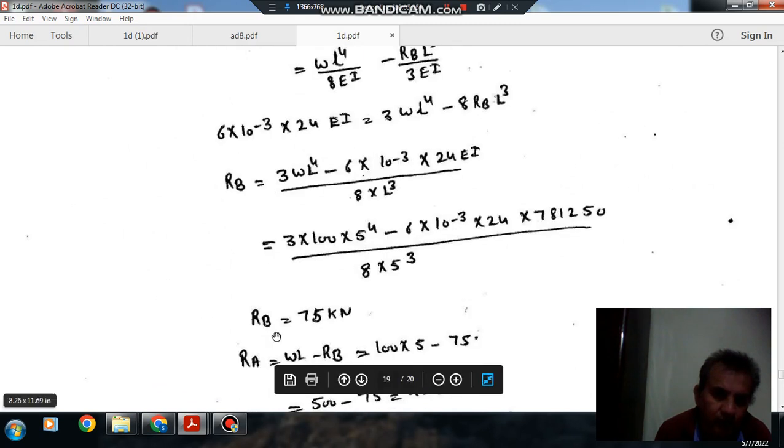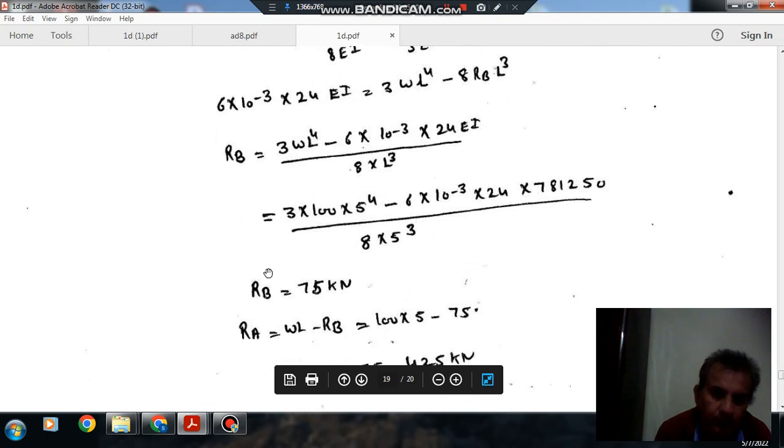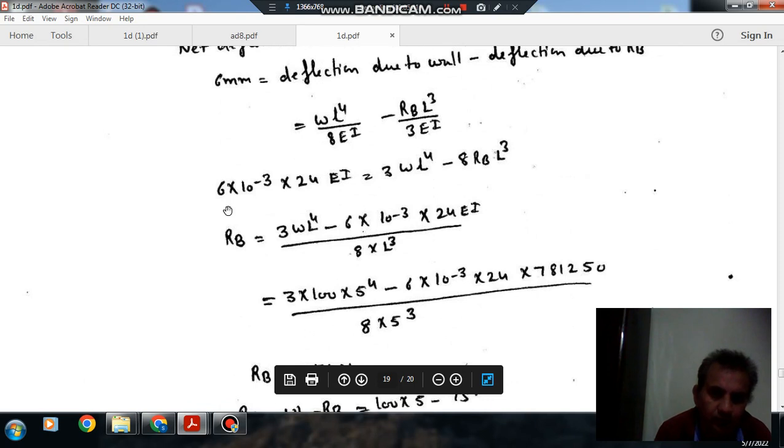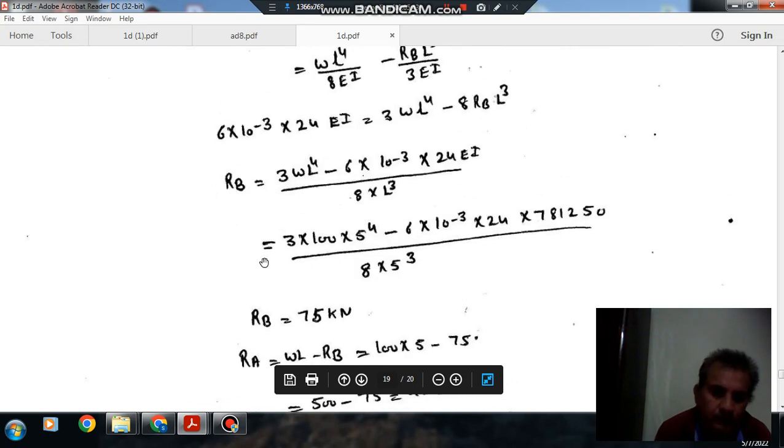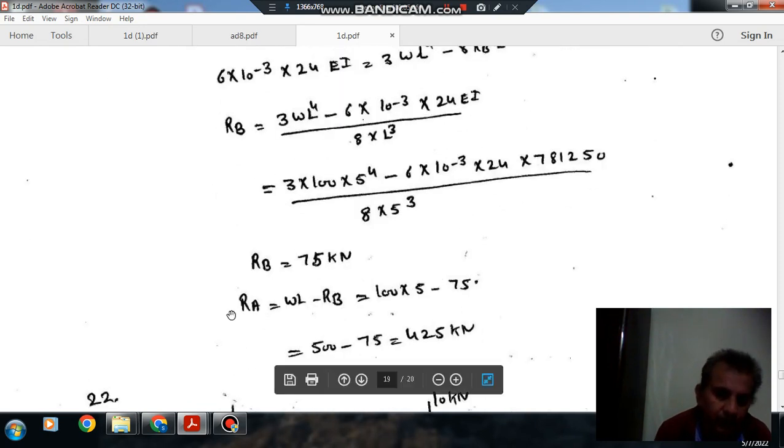Putting these values we get RB equal to 75 kilonewton.